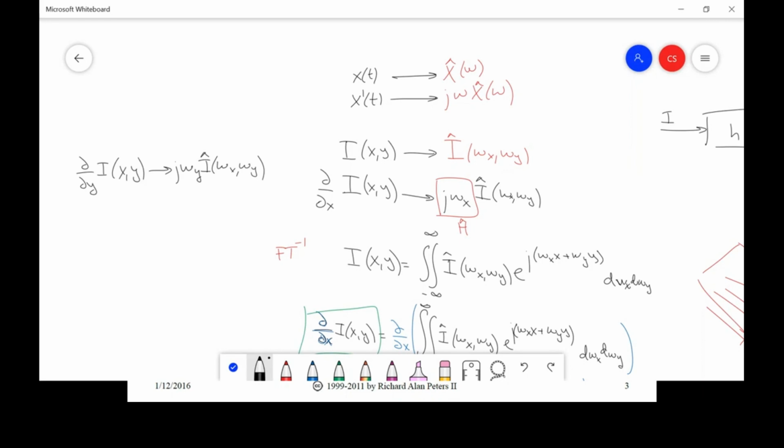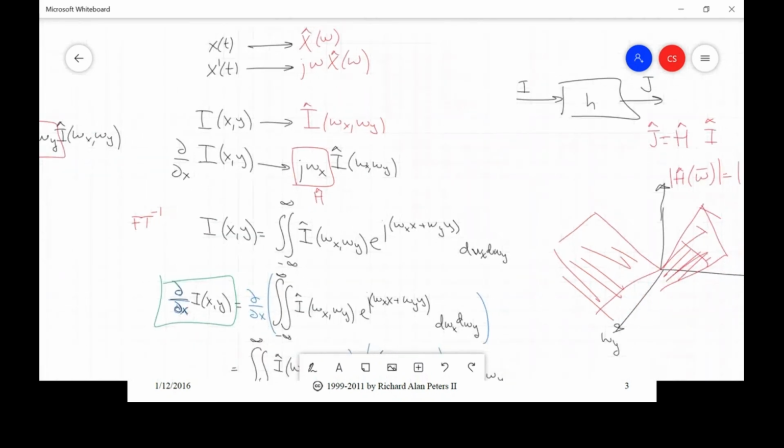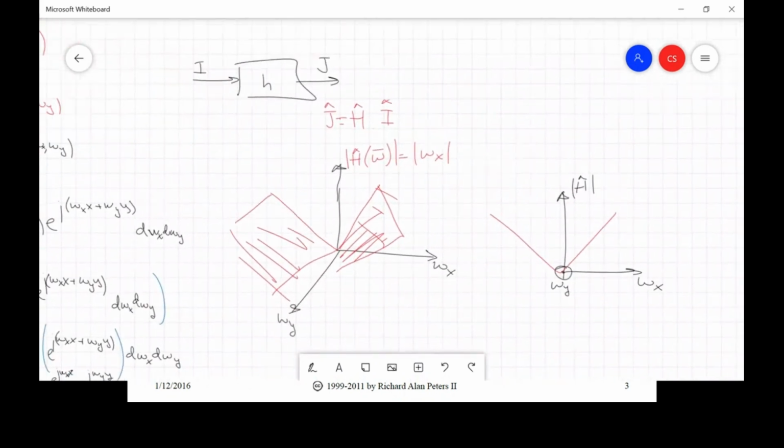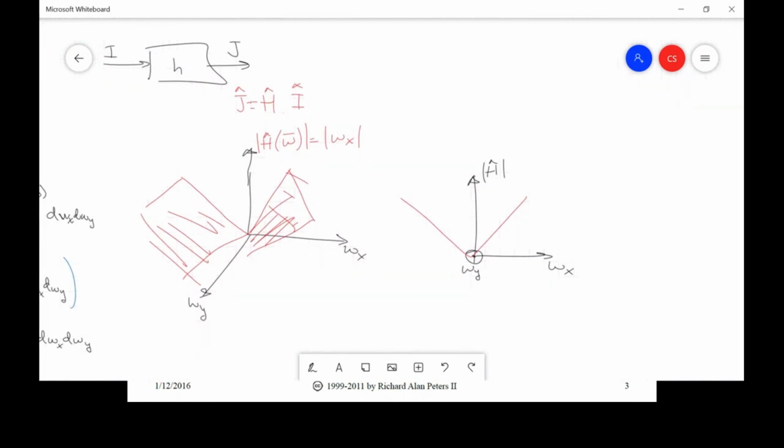And these are high-pass filters, because you're eliminating the low frequency components and you're boosting the high frequency components.